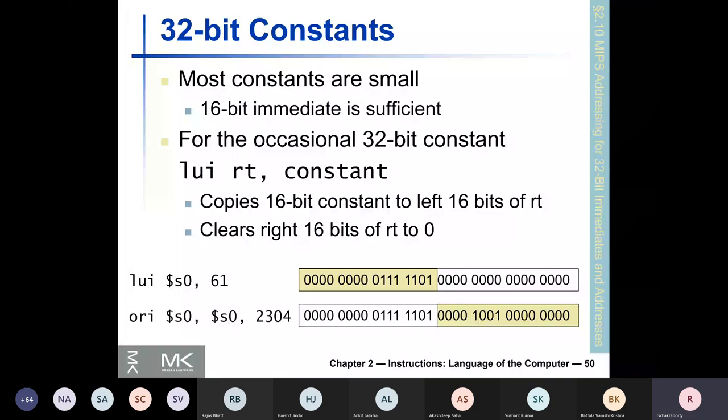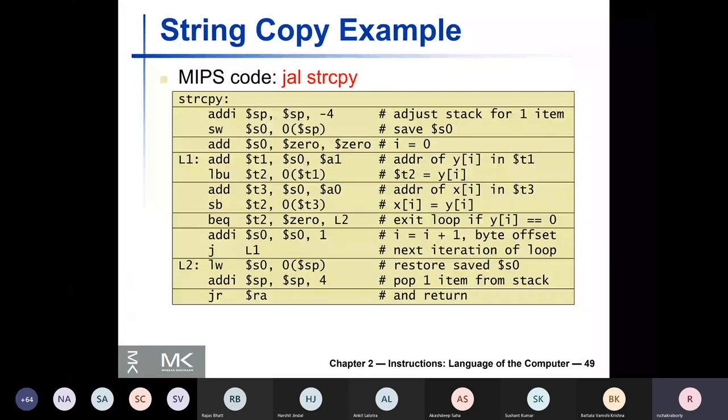Okay, that's a question. Oh, by the way, one thing I forgot to mention in the previous code. Notice that for a memory to memory copying of y[i] to x[i], you first needed to make a copy from memory to register and then again from register back to memory.